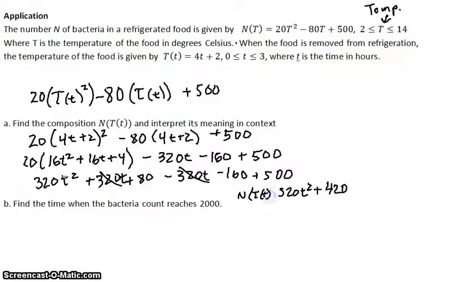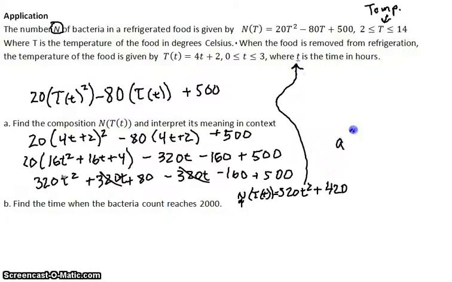So this is my new function. We have to ask ourselves, what are we plugging in? This lowercase t, and what are we getting back? Well, this n stands for bacteria, so this n stands for how many bacteria we're going to get. t stands for time.